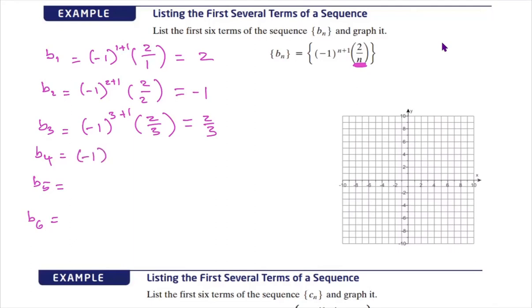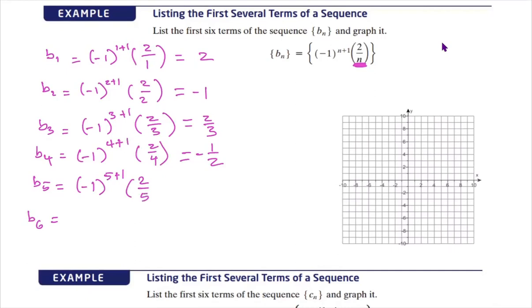-1 exponent 4 plus 1, 2 over 4 equals -1/2. And then -1 exponent 5 plus 1 times 2 over 5.